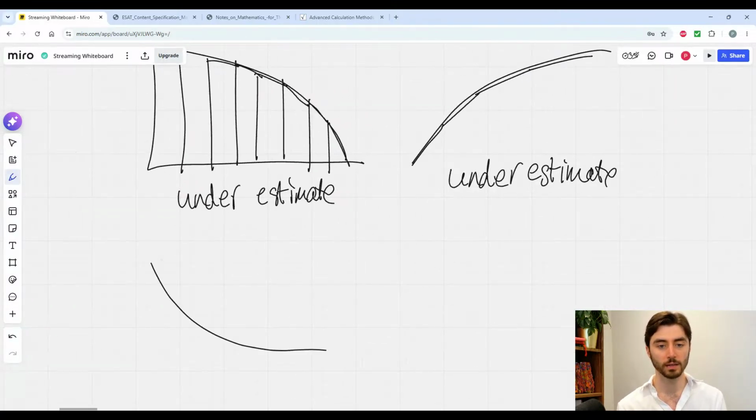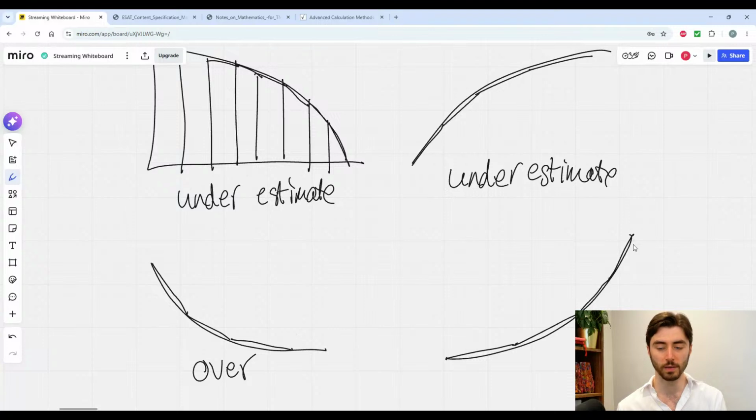And these guys are going to be your overestimates, because the lines for the trapezia would lie above the curve. So the lines lie above the curve. Therefore, it is an overestimate when you take the area. And for ESAT, that's all you need to know. So decreasing functions, not actually, no, because if you think about it, this one here is a decreasing function.